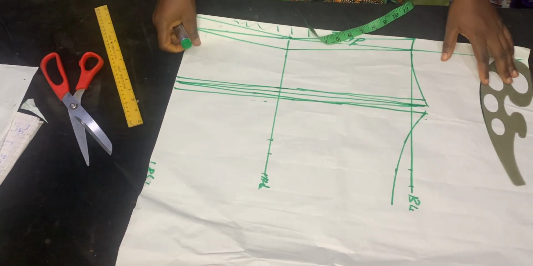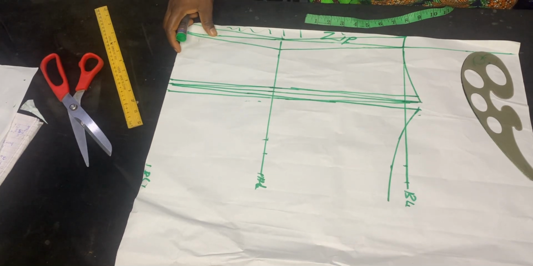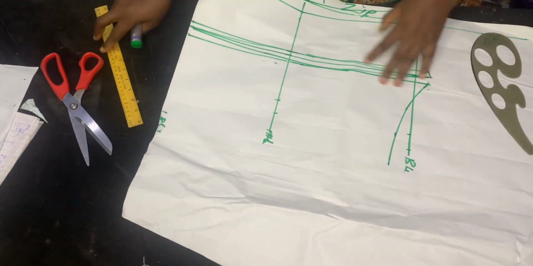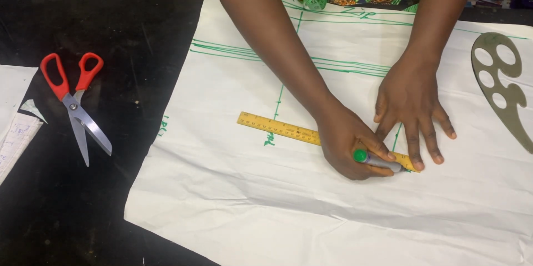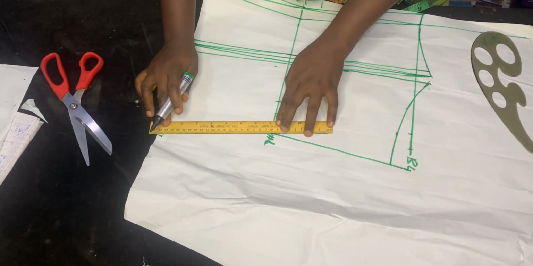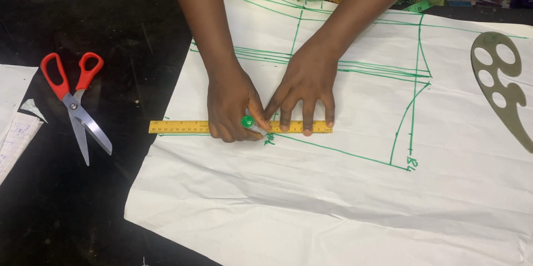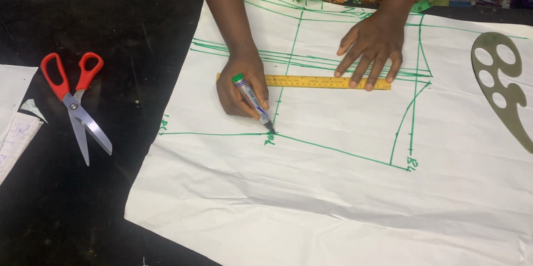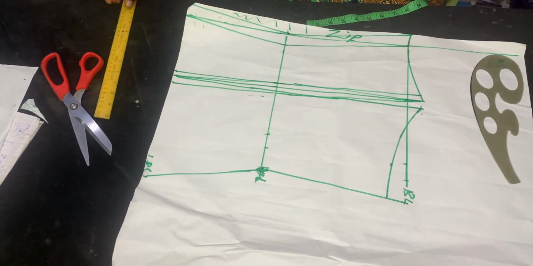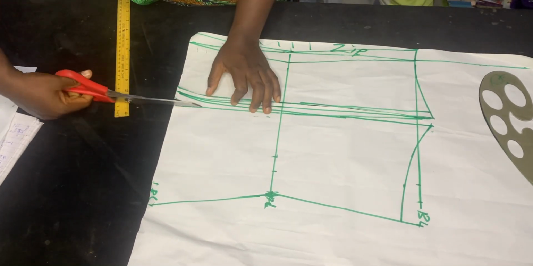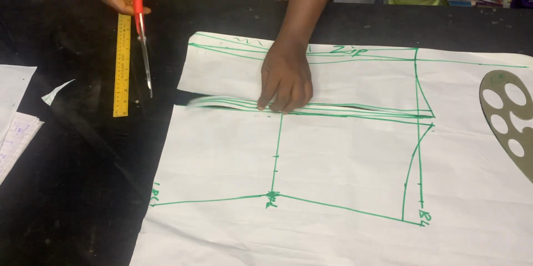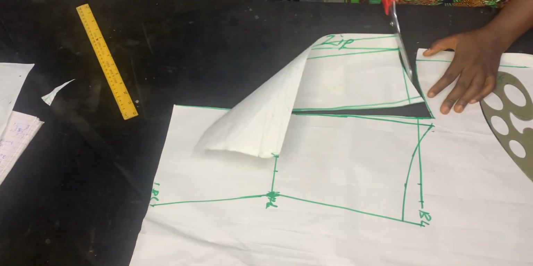Okay, so I think I've corrected my mistakes, but I don't think it's visible to you guys, but by the time I cut it you guys will understand what I meant. Okay, so after that go ahead and cut out. Okay, so if you watch closely you understand what I did there.